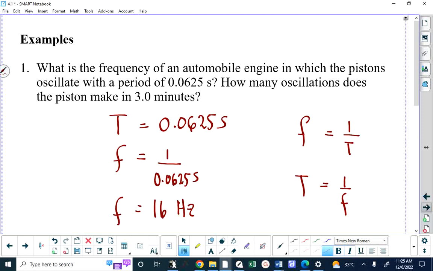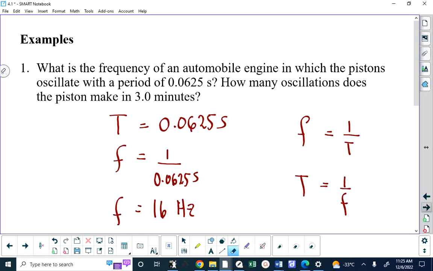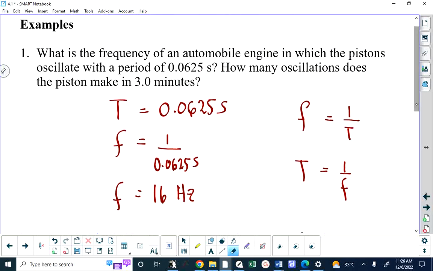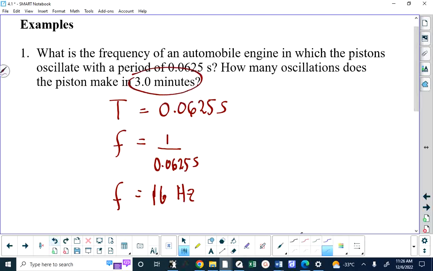How many oscillations does the piston make in 3 minutes? Well, we can just use a ratio here. This is 16 oscillations per second, so 3 minutes is 180 seconds. Is that right? Get your thinking caps on. I think so. 60 times, okay. So it's just a ratio here. You don't need a formula for this.